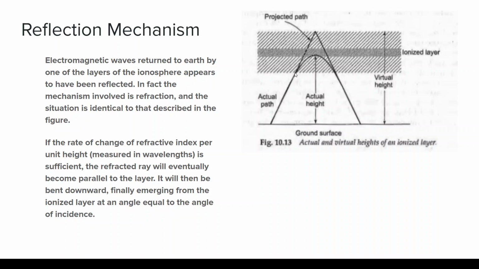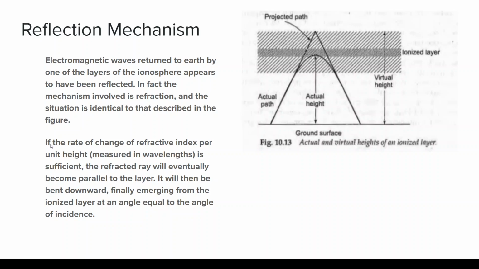How? The density of the ionosphere varies with height, and when the ray enters the ionosphere, it bends away from the normal, and at each successive layer it keeps on bending until it becomes parallel.